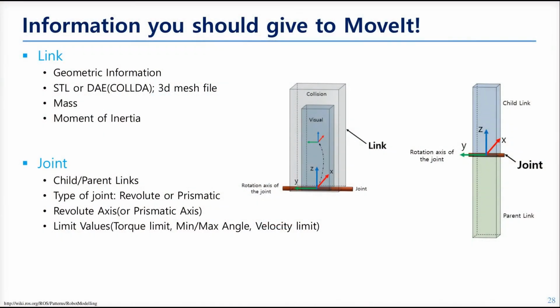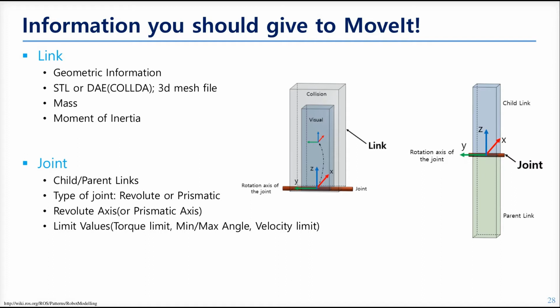To use the movement, you should give them information of link and joint. To make this simple, just think of the link as a metal frame of the robot, and the joint is the axis and rotation. Physics stops the motor, so the relation will be like frame, rotation, and frame.